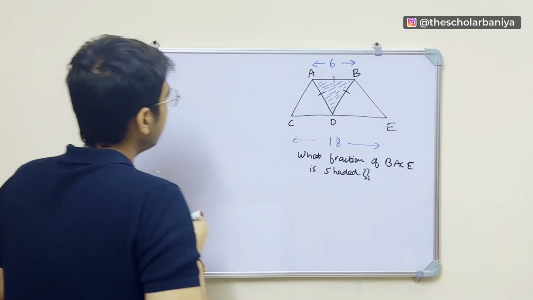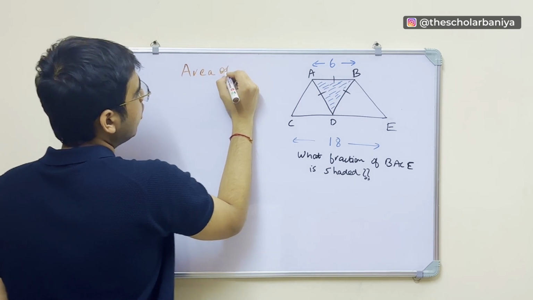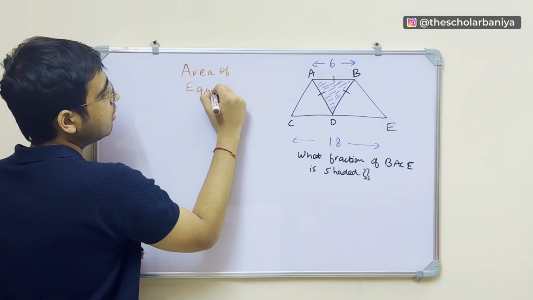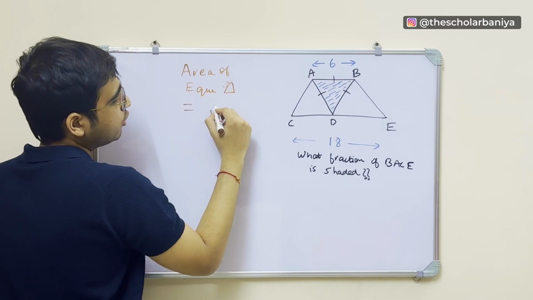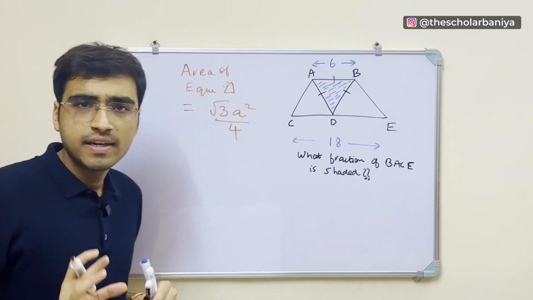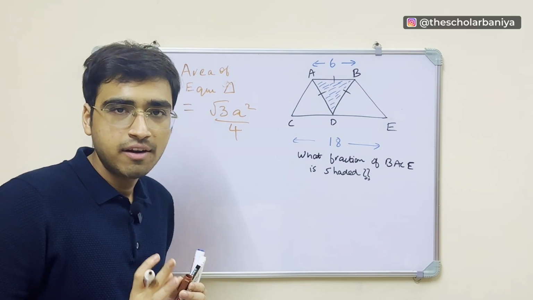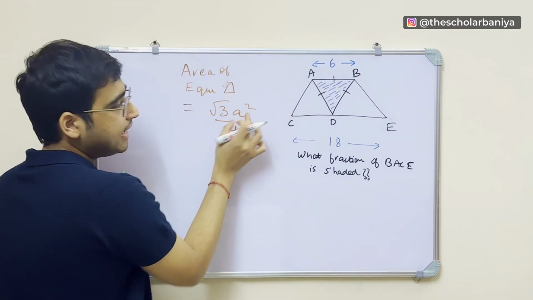So what is the area of an equilateral triangle? The area of an equilateral triangle is root 3 a square upon 4. I hope this is very clear, right? So what is a? A is the side.